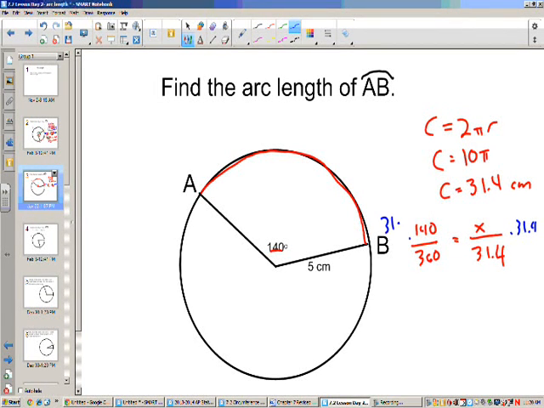So my x value is going to be 31.4 times 140, enter, and now I'm going to divide that by 360 to get 12.2 centimeters. Now I guessed about 10, so I was a little bit off, but that's 12.2 centimeters here. That's pretty reasonable.